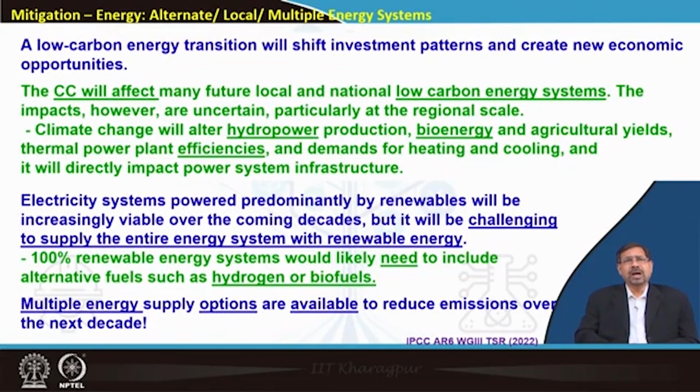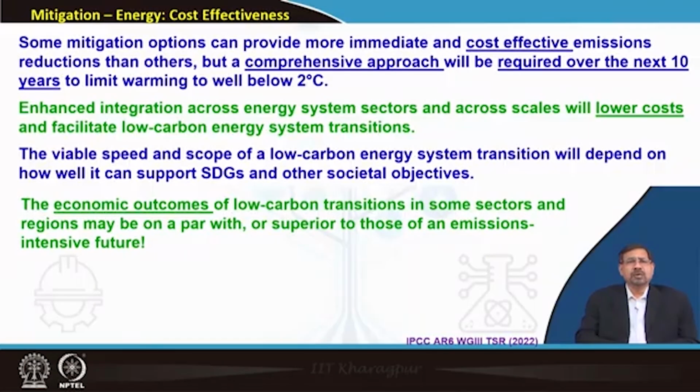A low carbon energy transition will shift investment patterns and create new opportunities. We discussed this, and moving on, some mitigation options can provide more immediate and cost effective emissions reductions than others, but a comprehensive approach will be required over the next 10 years to limit warming below 2 degrees centigrade.